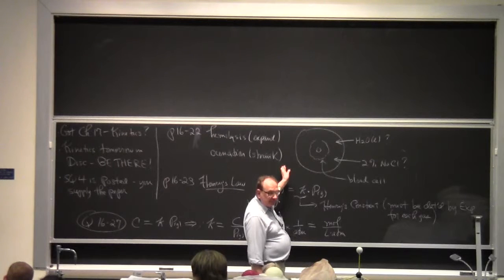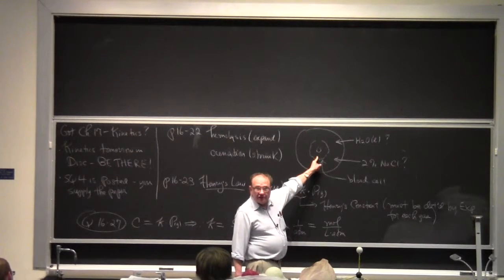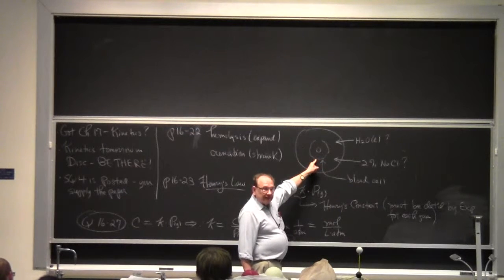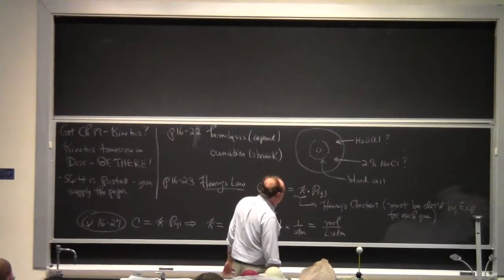What would happen? This is my $64 Van Gogh sketch of a human blood cell. I don't know if your blood cells look like this, nor do I want to know. Okay.